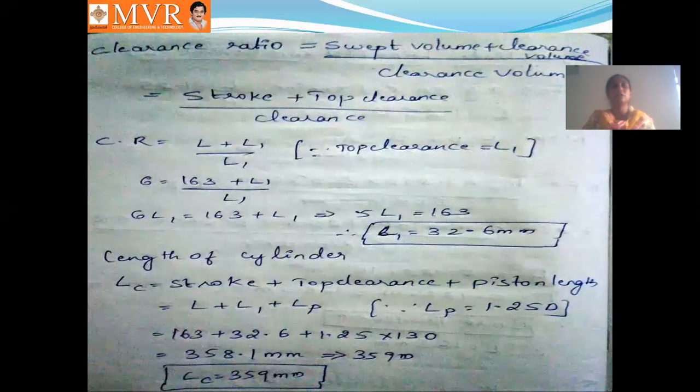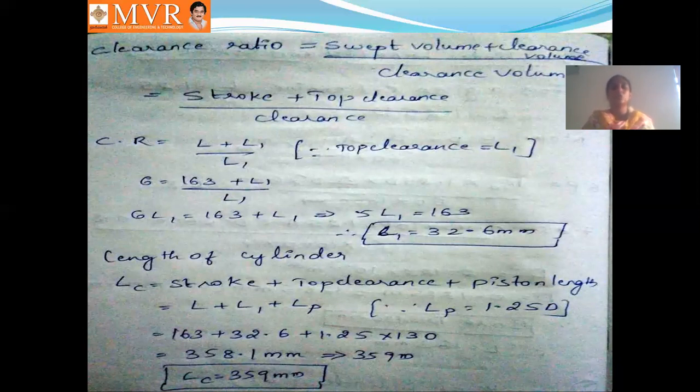Clearance ratio is equal to Vs plus Vc by Vc. Vs is nothing but the swept volume, and Vc is nothing but the clearance volume. Swept volume means the stroke, where the power will be generated from the cylinder to the piston.